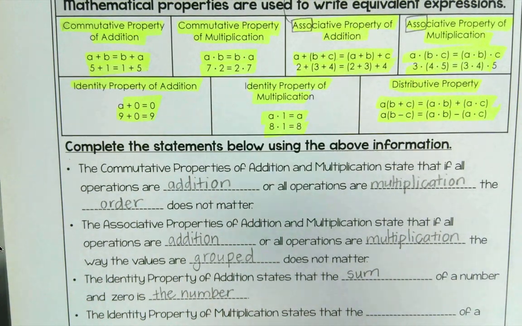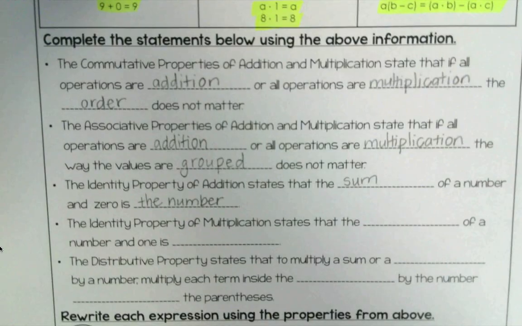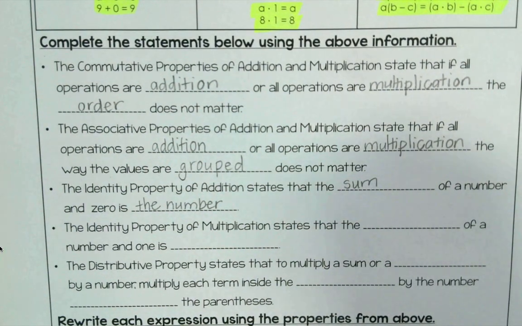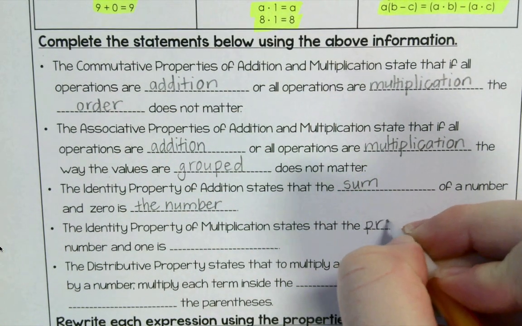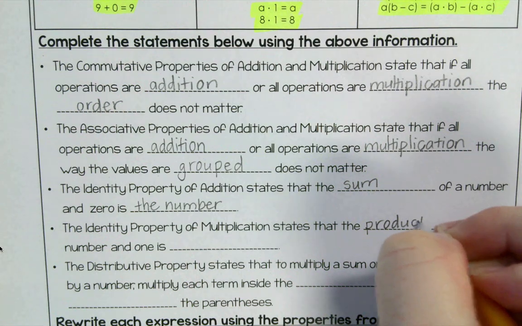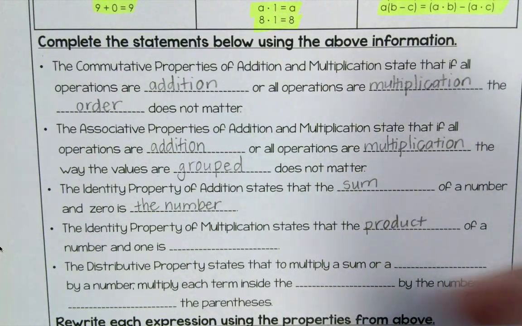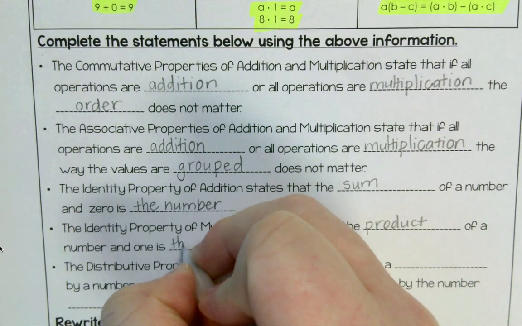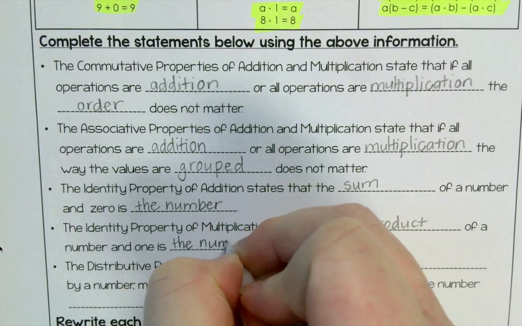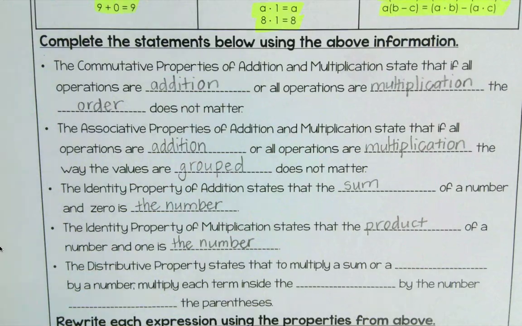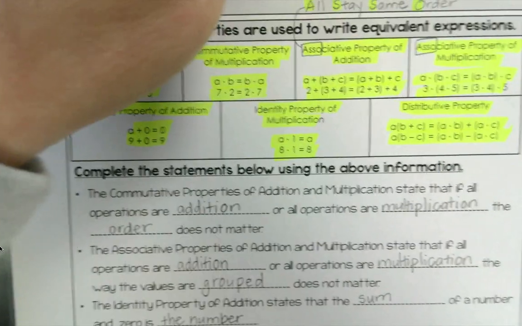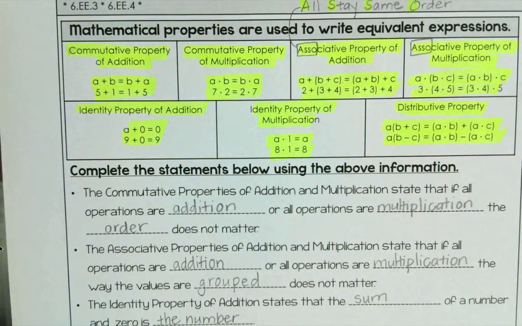The identity property of multiplication states that the product of a number and 1 is the number, meaning anything times 1 is itself.